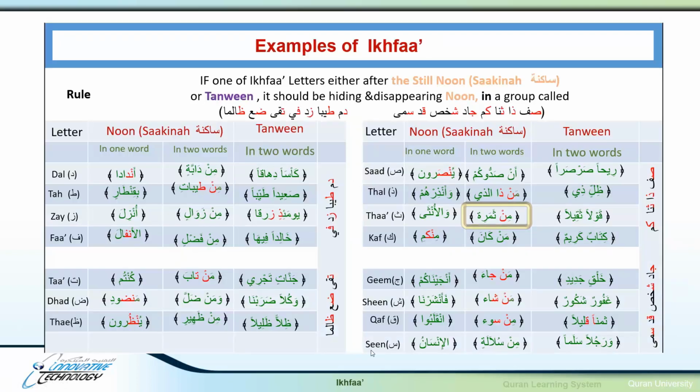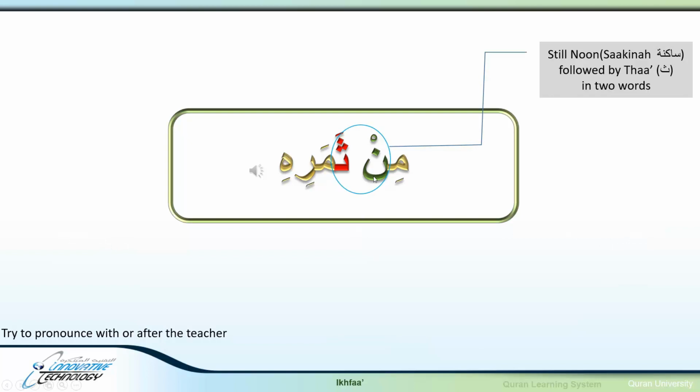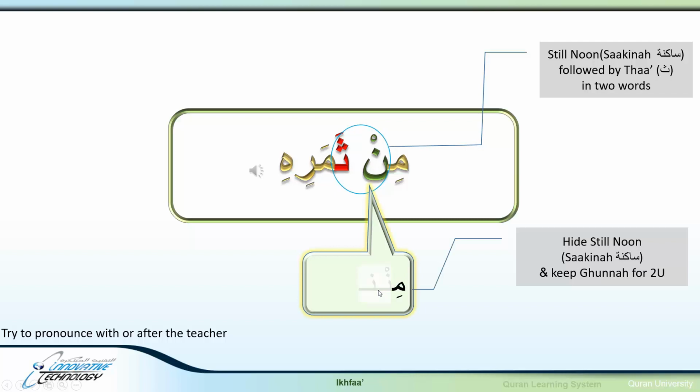Another example, min thamarihi. Here the noon with a tha in 2 words. So we have a Nun Sakinah followed by a tha in 2 words, and we'll apply Ikhfaa by hiding the noon and then maintaining the Ghunna for 2 units.